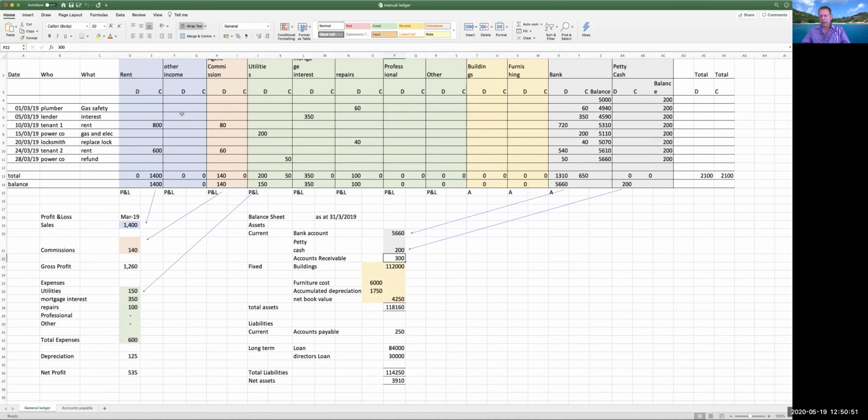Quick brackets there: generally speaking, most landlords won't account for rent until it's actually paid by the tenant, but it would not be wrong to do so. You can account for rent that is due and not paid if you wish, and if you did that, that would be a good example of an accounts receivable. You know that the tenant is due to pay £300.